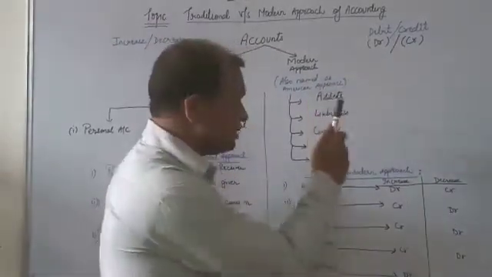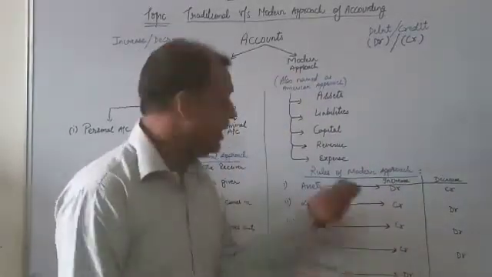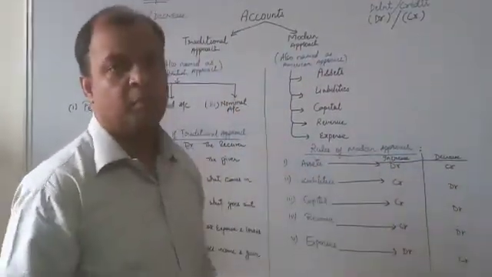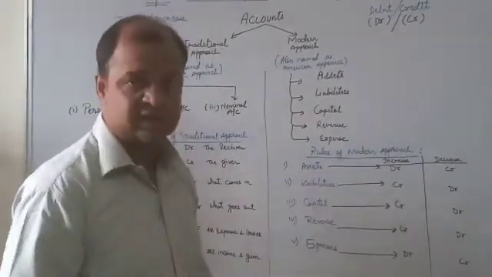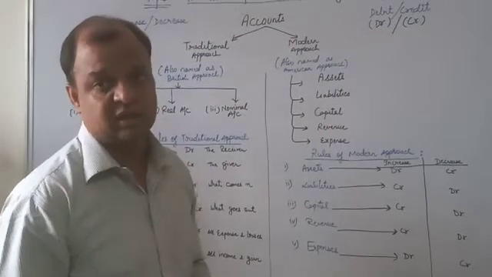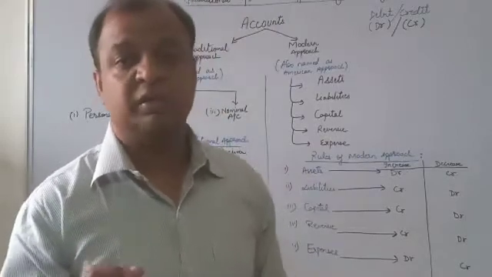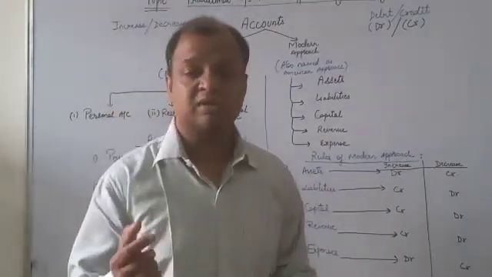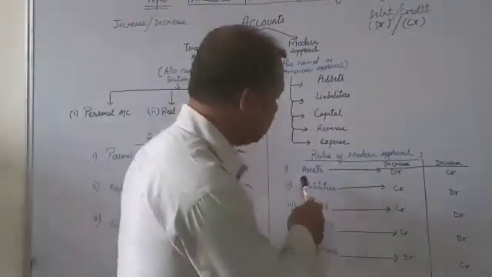In 5 items, we are now discussing the increase and decrease effect by applying the rule of modern approach. So the first item of modern approach is asset. I hope you all remember till now what are assets. Assets are the possession or the property in which the business is dealing and business can generate money out of that are assets.